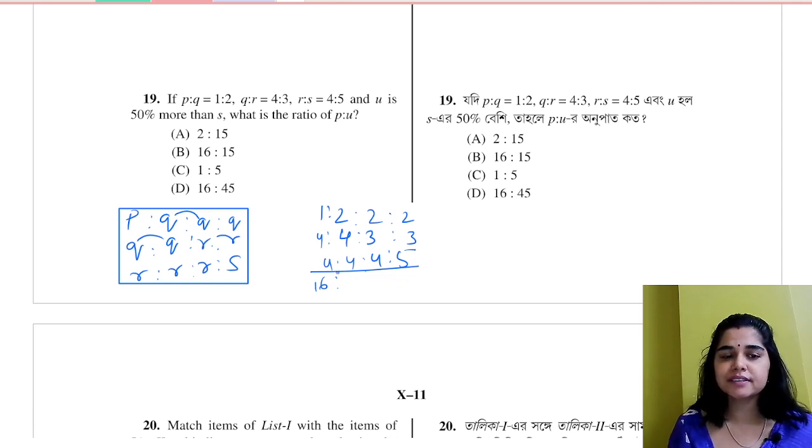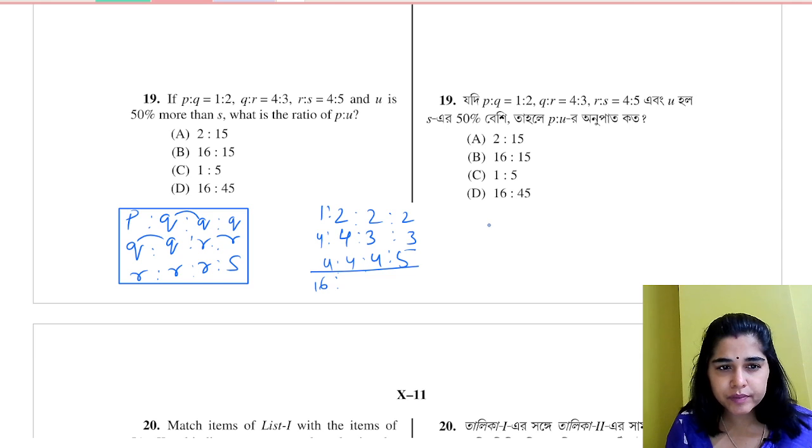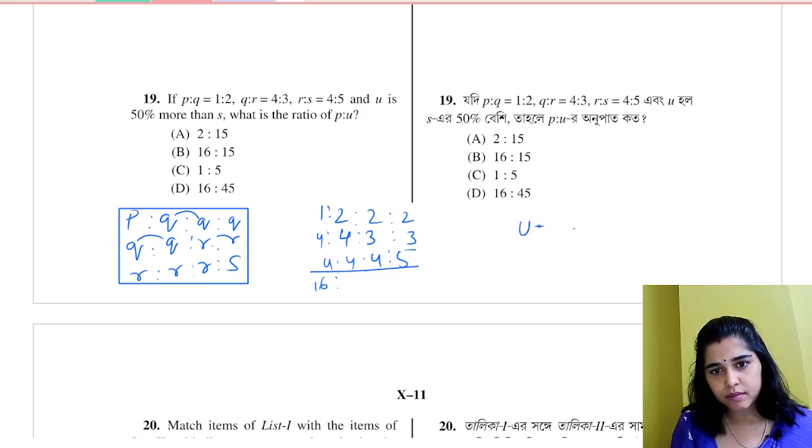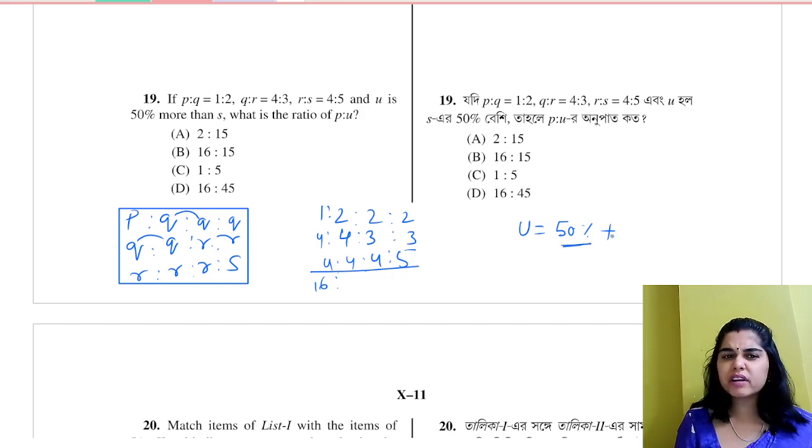Let's see what they asked. U is 50% more than S. U is 50% more. U, P, Q, R, S. They are saying U is 50% more than S. 50% more of what?